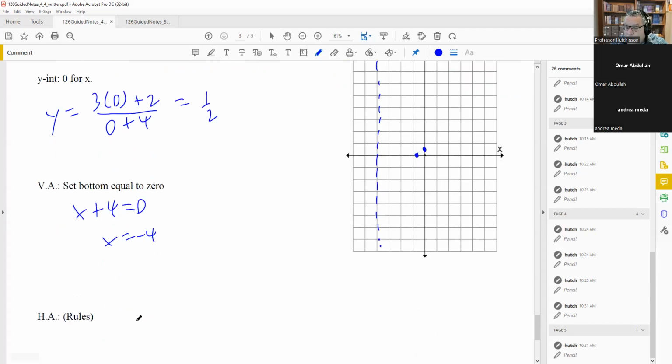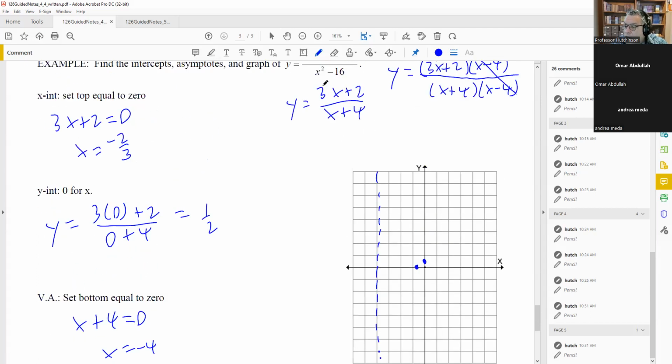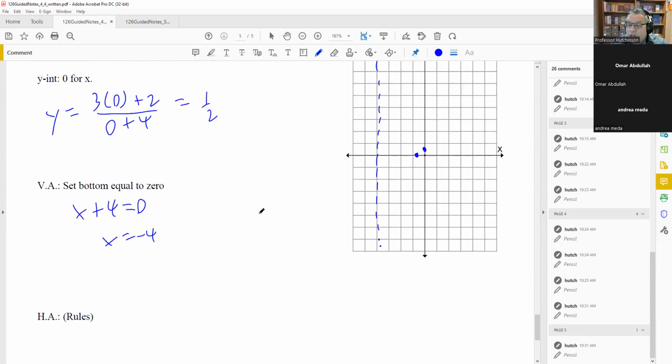Next, we want to do the rules. If you look at the reduced version, the highest power on top is a 1, the highest power on the bottom is also a 1. So we have a case where we have rule number 2, n equals m. Then we want to use this formula, a of n over b of n.